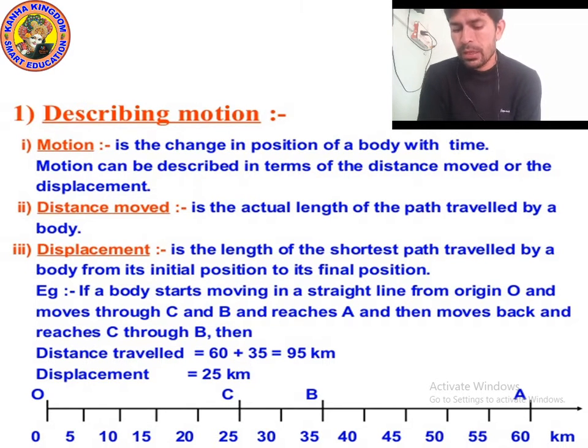So scalar quantities are those quantities which show only the magnitude, but a vector quantity shows both magnitude along with direction. For example, displacement. Whenever you talk about displacement, direction is always included.